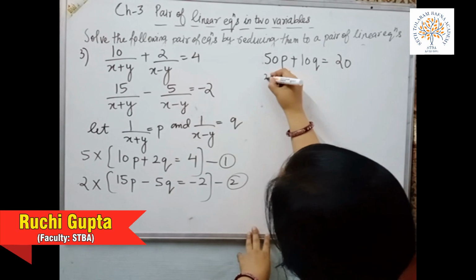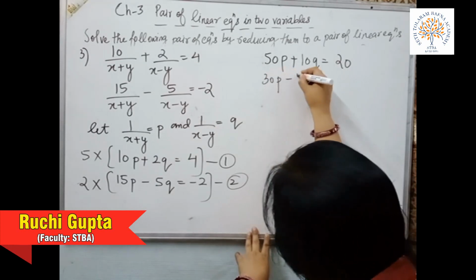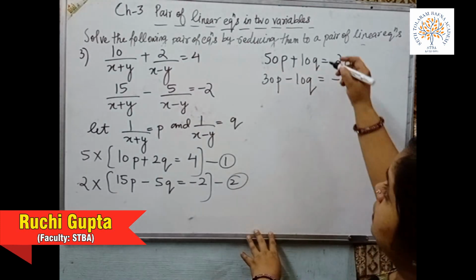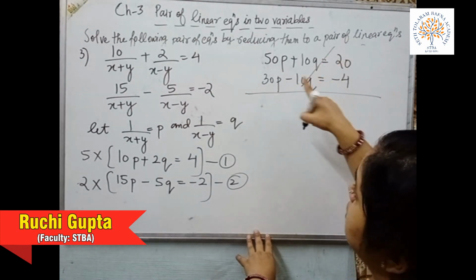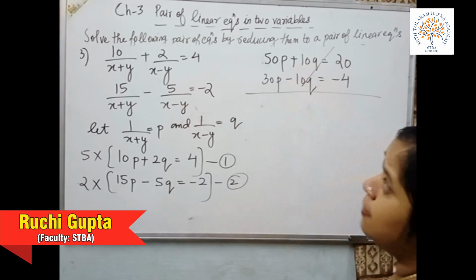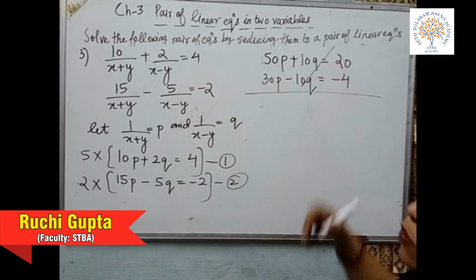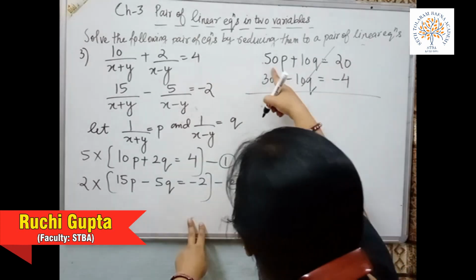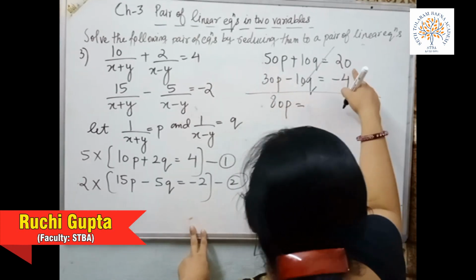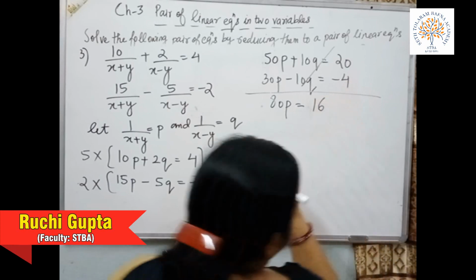It is 30p minus 10q, it is minus 4. They are already cancelling because it is plus 10q and it is minus 10q. So no need to subtract these equations. 50 plus 30p is 80p and 20 minus 4 is 16.